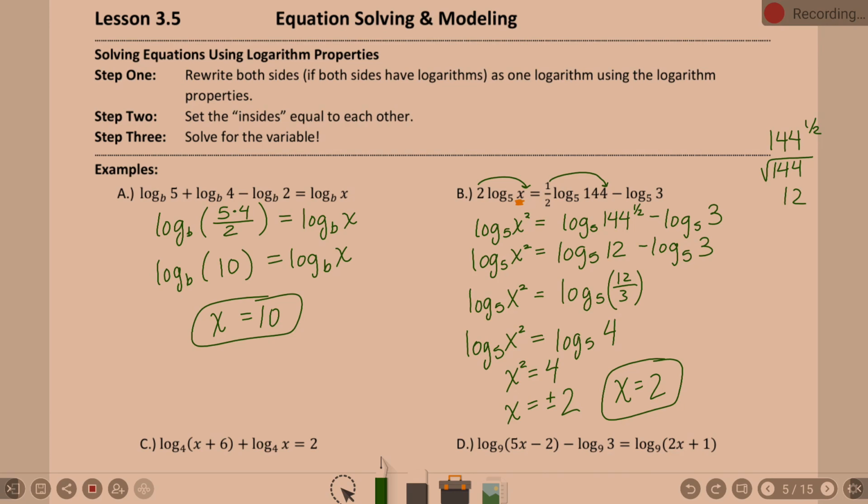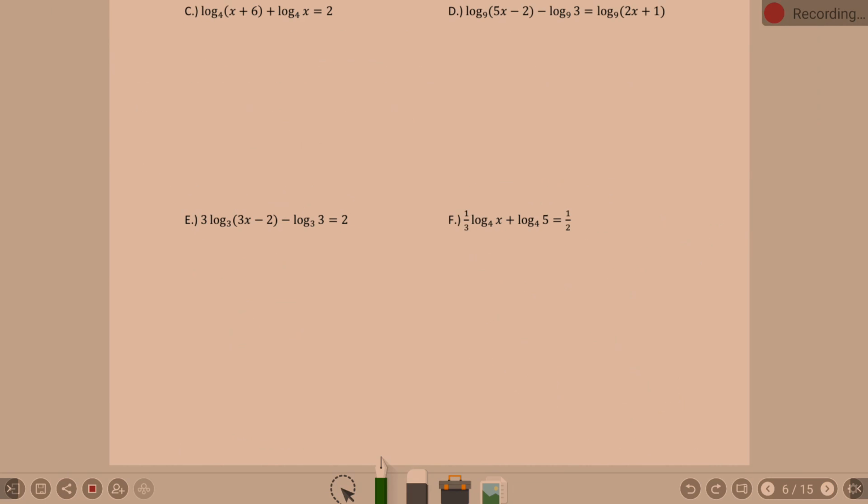Shall we try C? Log base 4 of x plus 6 plus log base 4 of x equals 2. What do you know?